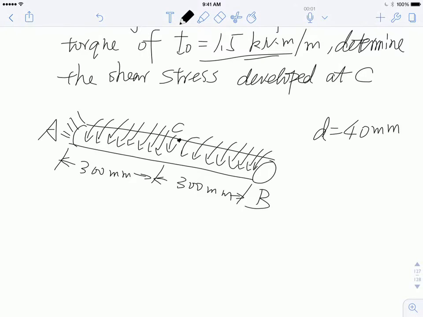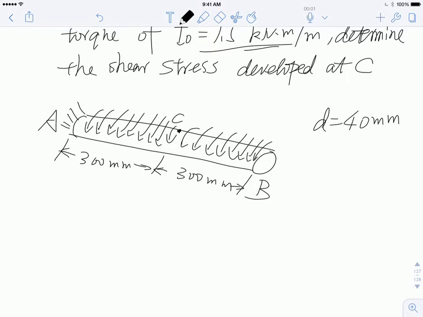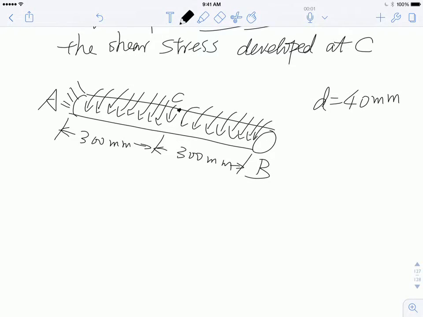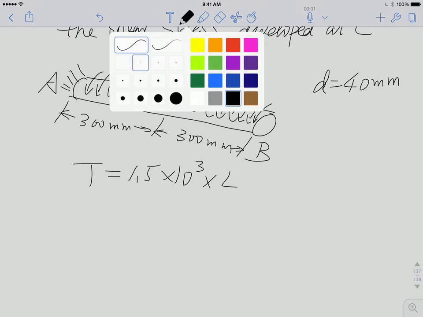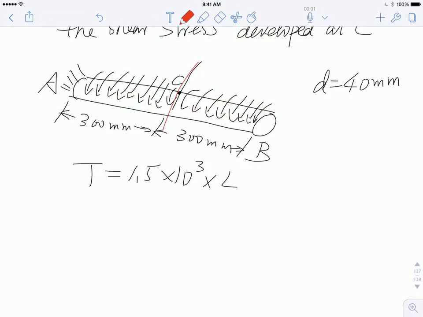internal force. The way we do it is with a free body diagram. The total torque being applied here, we know t is equal to 1.5 times 10 to the 3 newton-meters per meter, times the distance. So right at C, let's use the section tool right here.